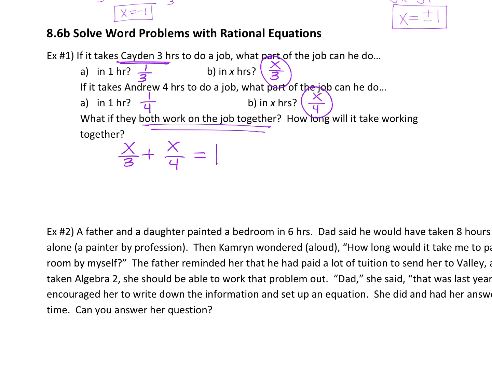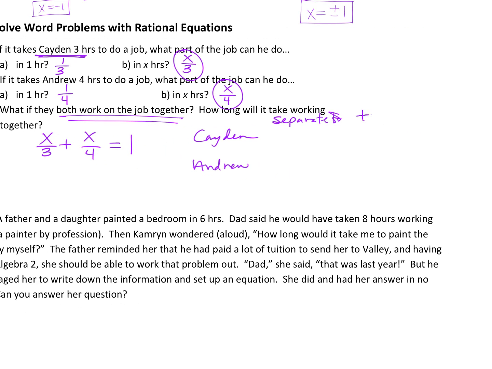Here's how you figure this out, just if that setup doesn't make a lot of sense to you. You have Caden, you have Andrew. We know separately what they can do. We'll just say separate. And then together, what they can do, okay? Separately, Caden would take 3 hours, Andrew would take 4. Together, we don't know. That's what we're trying to solve for, okay?